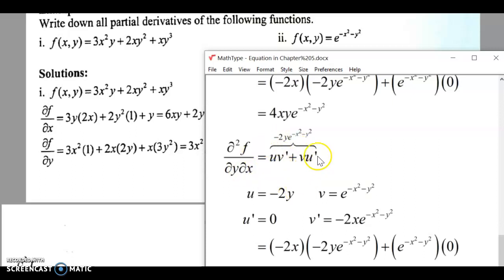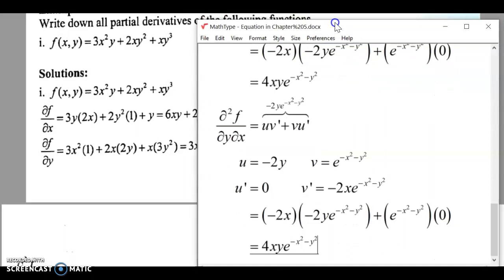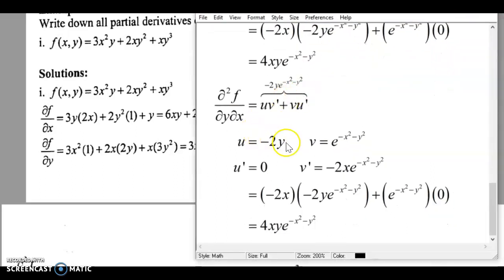The idea is almost similar, but now instead of using the first derivative of x, we are now using the first derivative of y. And you know, we just define u and v, differentiate it in terms of x, substitute it, and get the answer.